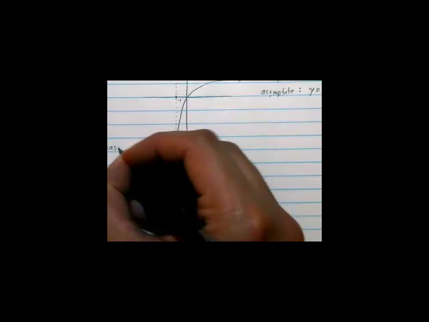So you've got 3 cases with horizontal asymptotes, with equations of how it might go.